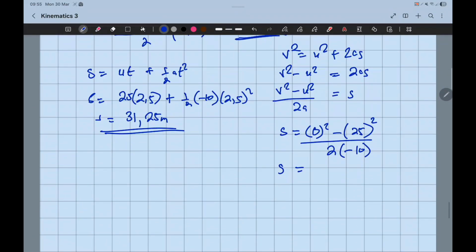If you run this, negative 25 squared over negative 20, again is 31.25.